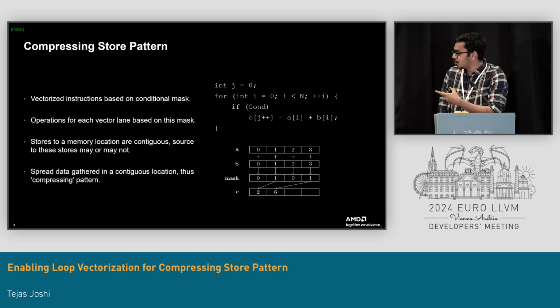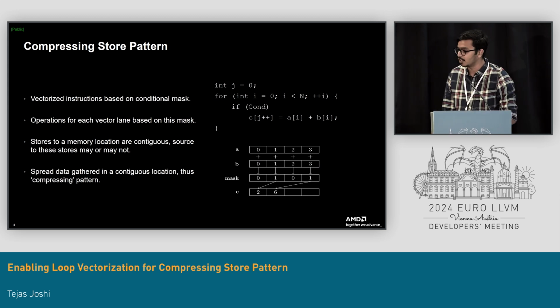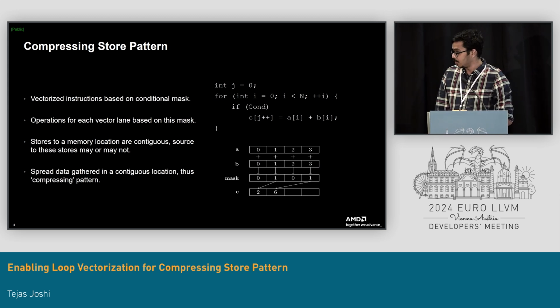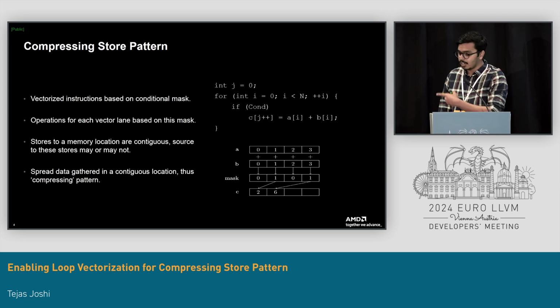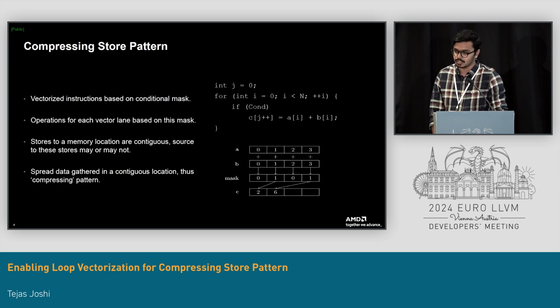If it was zeros, it won't be stored at all in this vector factor. The compressing store pattern is not much different. The only difference is that the store to C happens with a different variable, which is not the induction variable of the loop. The important thing is that it is incremented at the same time as it is being stored, so it is contiguous.